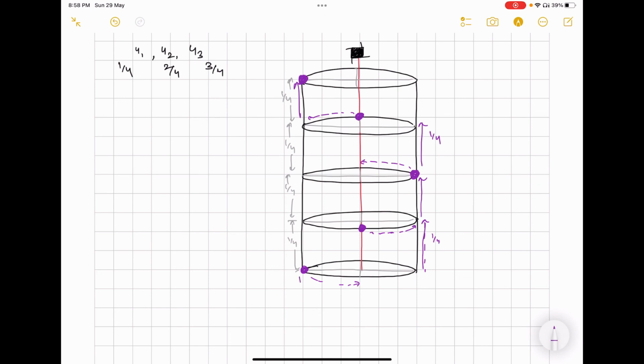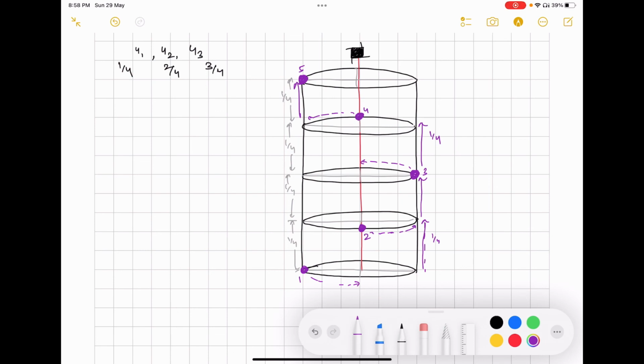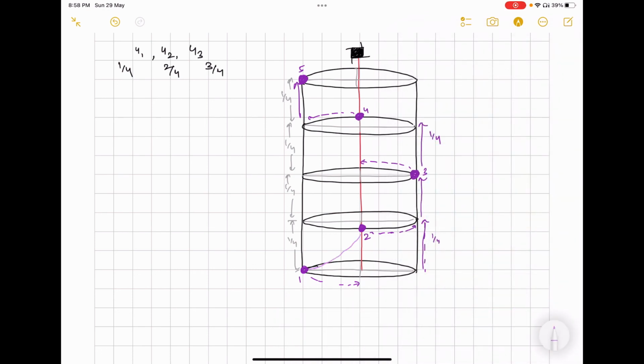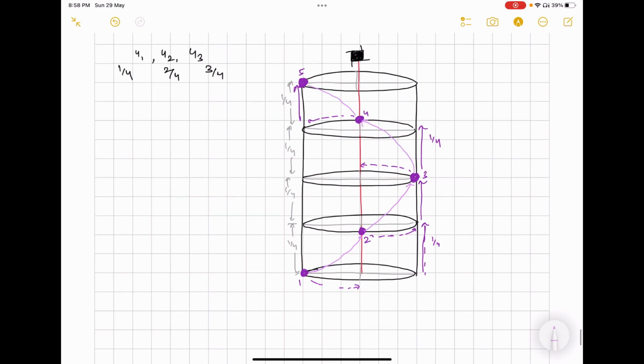So this is point 1, 2, 3, 4 and 5. So the way it reaches its position is from here to here, then from here to here, from here to here, then from here to here. So this is the kind of screw.